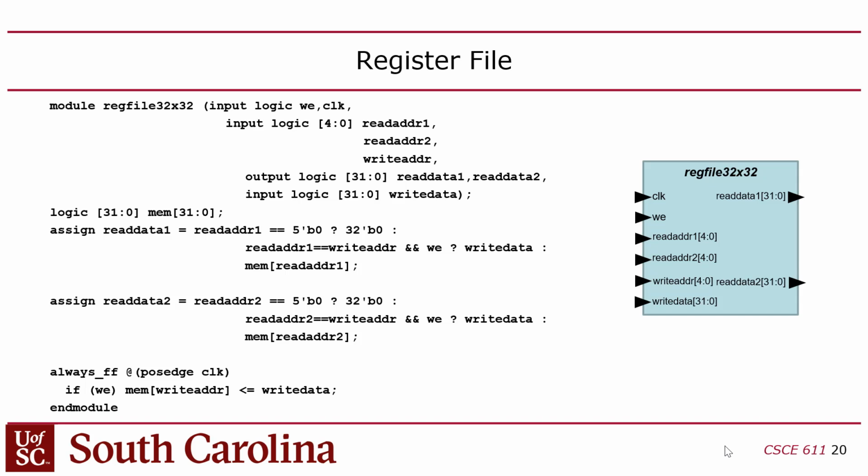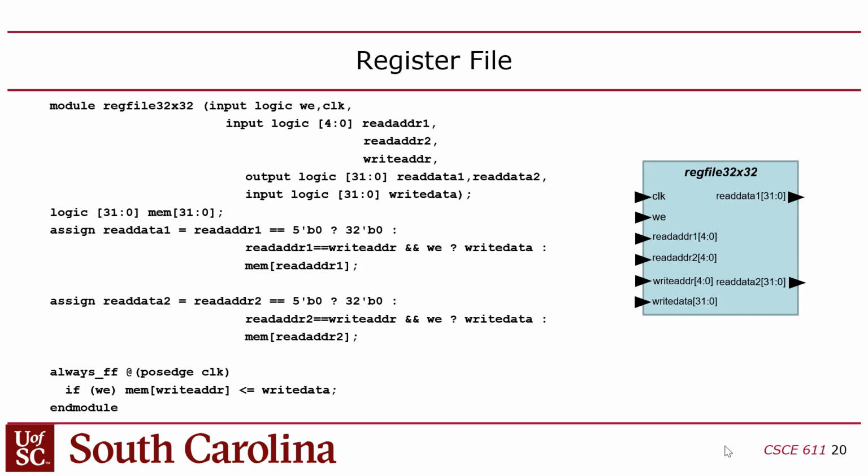If you read from address 0, register 0, you're always going to get a 0. If you try to read and write to the same address at the same time, it will perform that bypass. So it'll short circuit the write data to read data 1 or read data 2 or both in that situation, right?